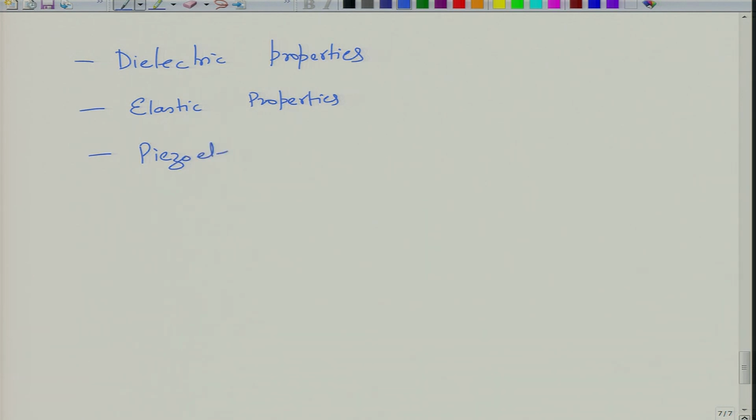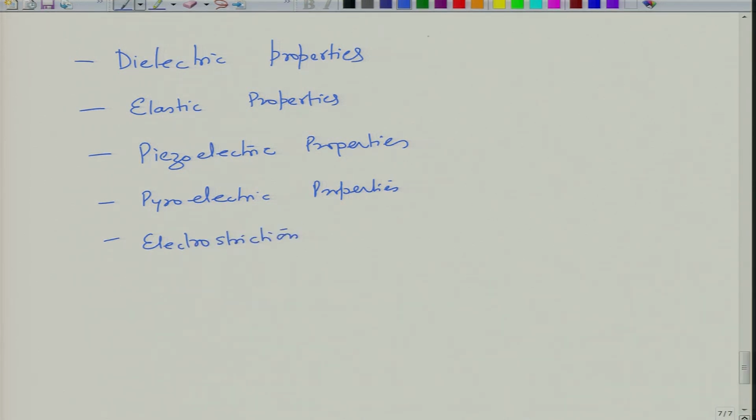What we have looked at are dielectric properties, elastic properties, piezoelectric properties, pyroelectric properties, and finally electrostriction.